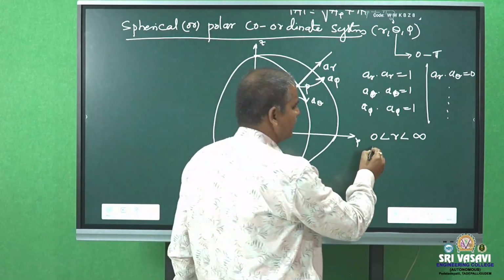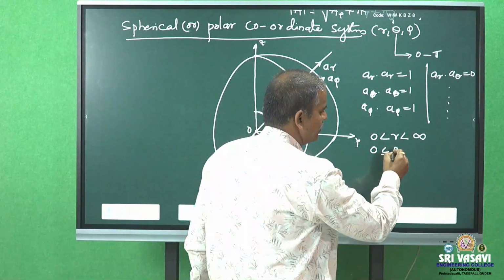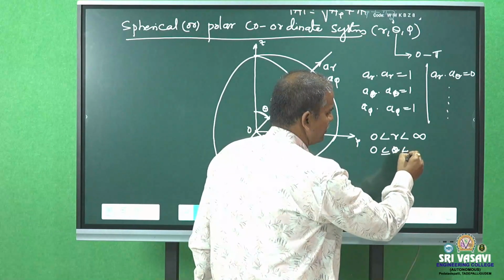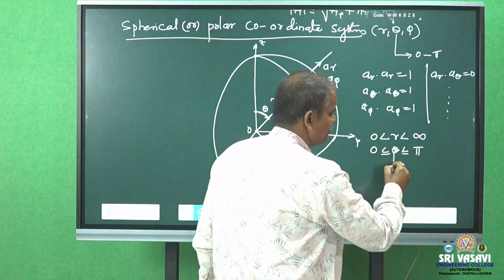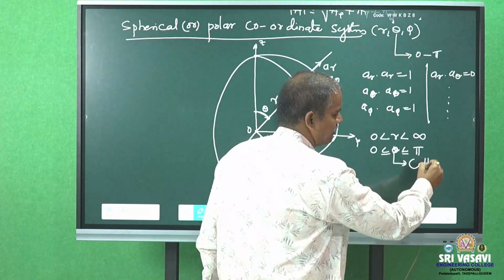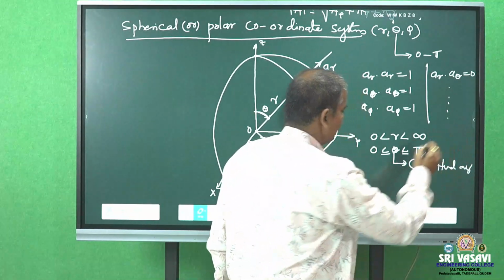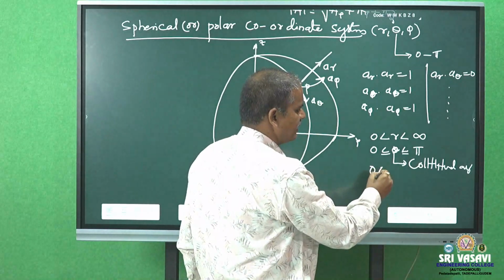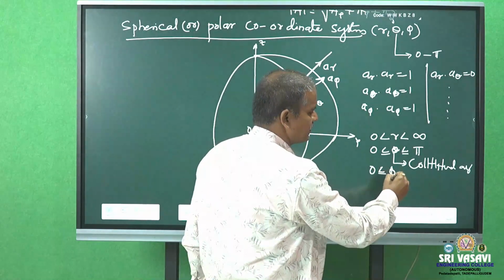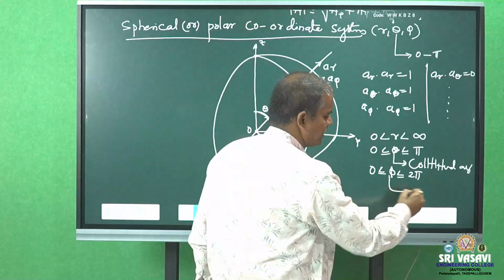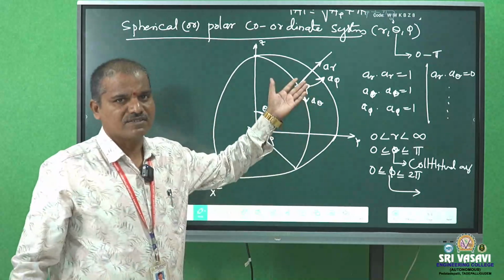Next, theta: 0 less than or equal to theta less than or equal to pi. This theta is called the colatitude angle. Next, phi: 0 less than or equal to phi less than or equal to 2 pi, the same as the previous circular coordinate system.